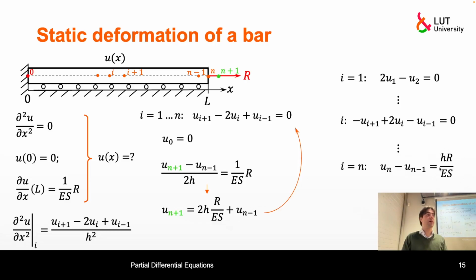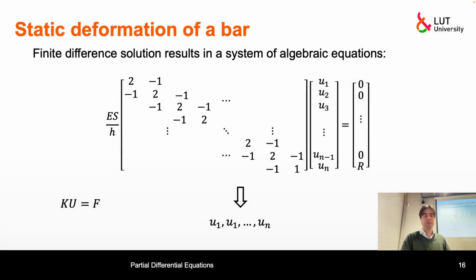This is where our natural boundary condition came in. Okay, this is one way how we can deal with different types of boundary conditions in finding different approximations.